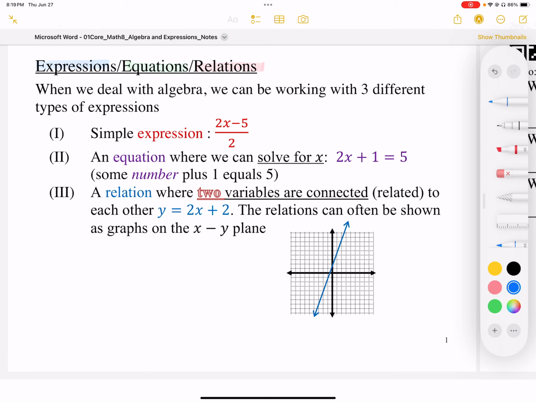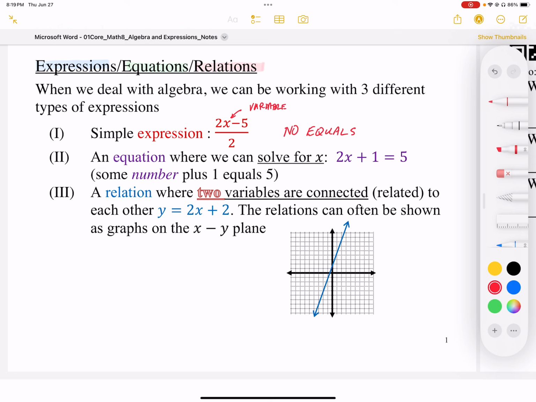With an expression, there is no equals. Okay, so that is just what we call an expression. It just could be something general. X can take on many numbers. And so in this case, this x happens to be a variable. So an expression has no equal sign.